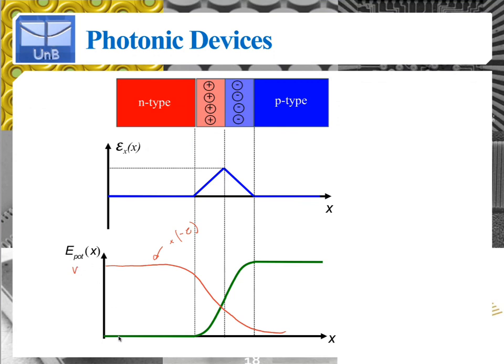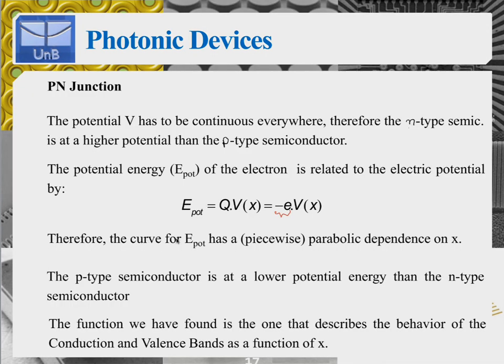So this is the actual potential energy that we get, which is just the red curve multiplied by a negative constant. And therefore we see the shape of what the energy has to look like. So the curve for the potential energy has a piecewise parabolic dependence on x, as did the electrostatic potential. So the n-type semiconductor is at a lower potential energy than the p-type semiconductor.